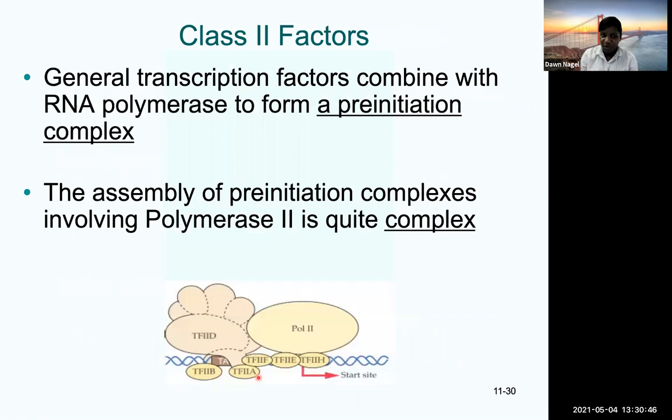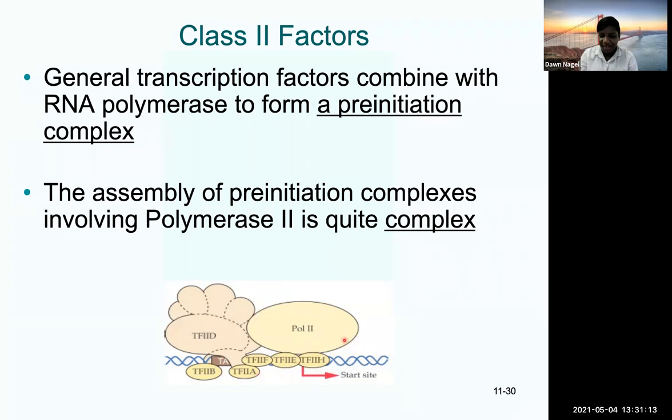These general transcription factors combined with RNA polymerase will form this pre-initiation complex. And once it's formed, there are additional modifications to the RNA polymerase that need to happen in order for transcription to actually begin, for elongation to happen. And we'll talk about those steps in a minute.